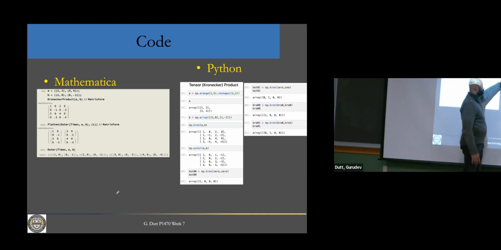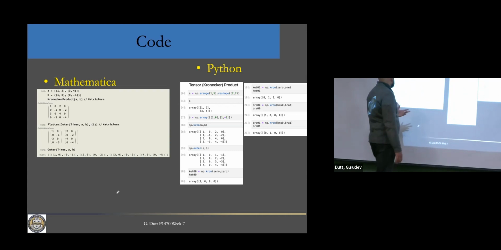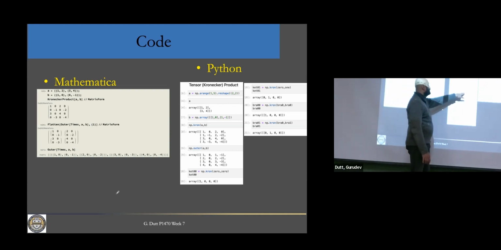I demonstrate again for simple matrices first, so that it's easy to understand. A is over here, just an array, 1, 2, 3, 4. And then B is the array 1, 0, 1, minus 1. I took that in this case instead of 1, 0, 0, minus 1. I don't know why I did that, but anyway, it's 1, 0, 1, minus 1. When we multiply out the Kronecker product, we get exactly what we would expect.